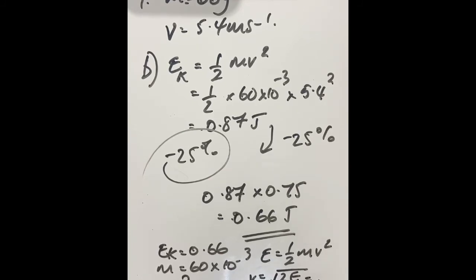And if you substitute your numbers in there, 2 times 0.66 divided by the mass, which is 60 times 10 to the minus 3. That is the square root of 22, 4.7 meters per second. Okay, that's part C.